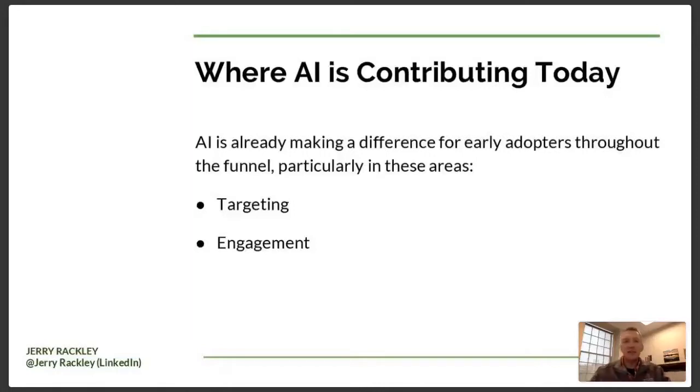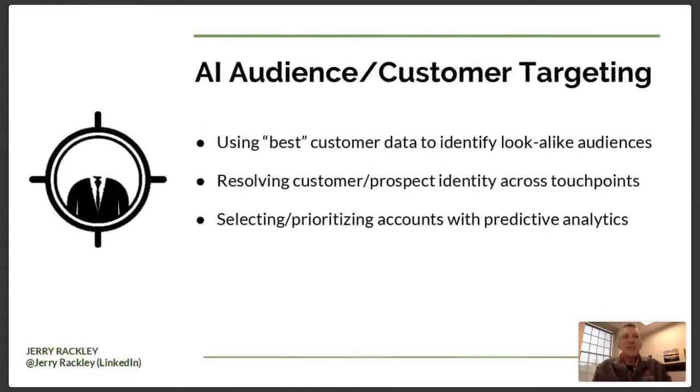Let me give you some more background on that. Here are some of the specific applications of AI for targeting the optimal audience. The first thing I listed here is the creation of a model that identifies and targets prospects that look like your best customers. Another thing AI is helping with is pinpointing the identity of a prospect or customer that has used multiple devices, a smartphone, a tablet, or a computer, to come in and consume our content or otherwise engage with us.